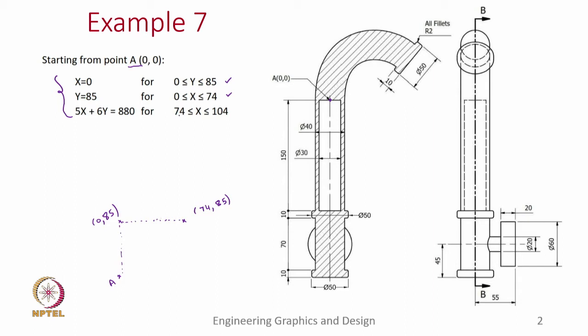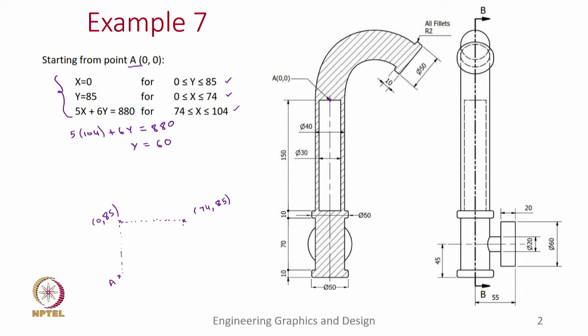The last segment is varying between x of 74 to 104. So, let us plug in x is equal to 104 to get the end point into this equation. Which means 5 times 104 plus 6y is equal to 880. We will see that for this the y will come out to be 60.